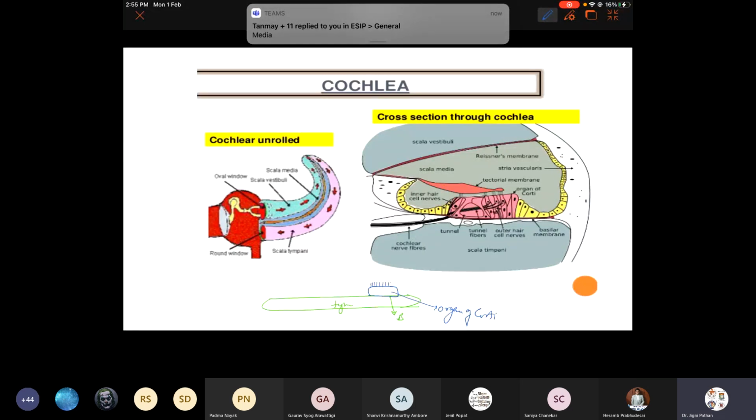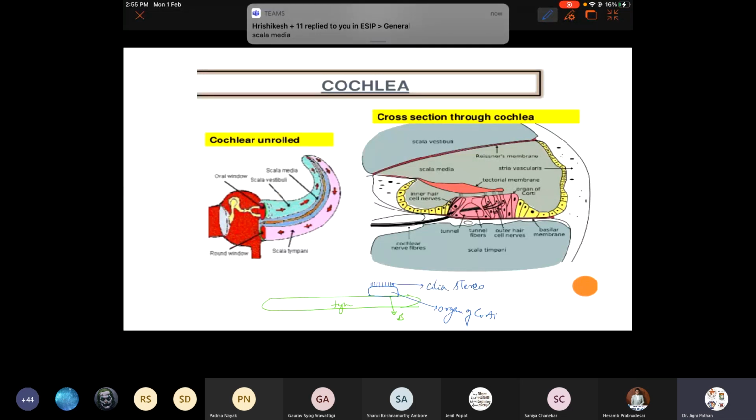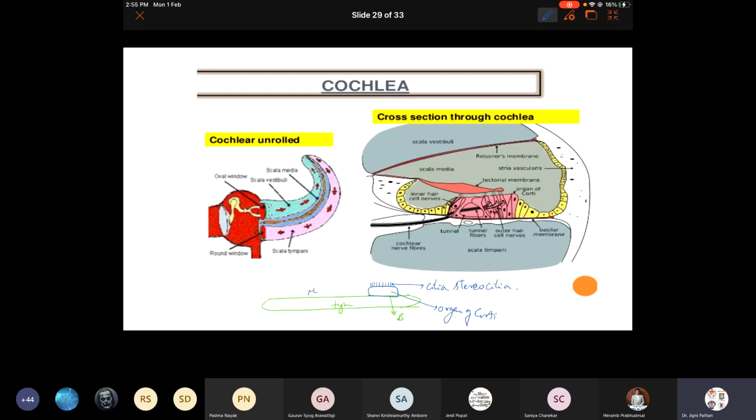The organ of Corti has sensory cells with sensory hair or cilia called stereocilia. We have studied there are two types of cilia, right? Kinocilia and stereocilia. So stereocilia are present in the organ of Corti. In the media there is also a membrane called the tectorial membrane, and above is one more chamber, the scala vestibuli.